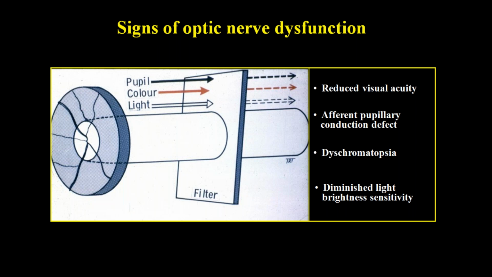Any condition having optic nerve dysfunction will have these four classic features: reduced visual acuity, afferent pupillary defect, affected color vision, and affected contrast sensitivity, that is, diminished light brightness sensitivity.